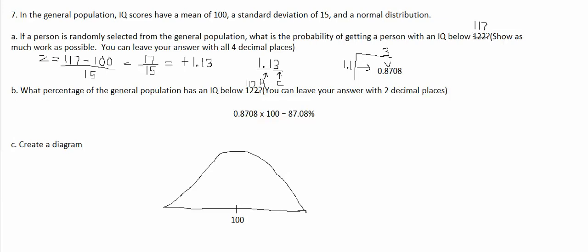And put the z-score of 0 just as a reference point right here, just to say that the mean has a z-score of 0. That's always true. And now let's mark off the number we turned into a z-score, which is 117. In your problem, it'll be 122.